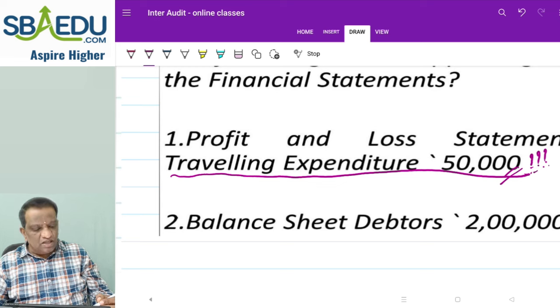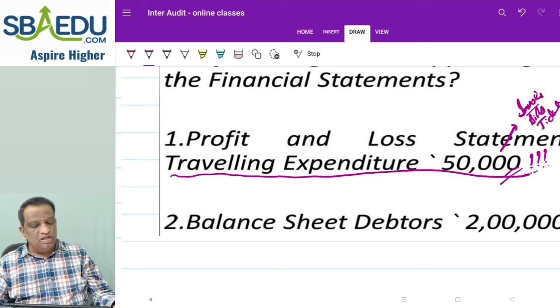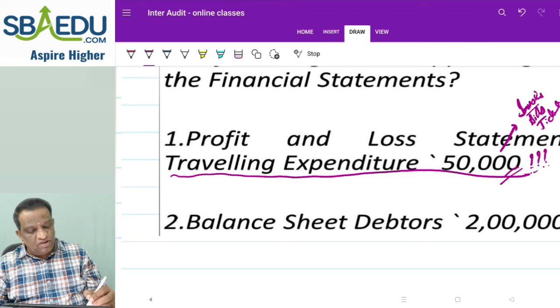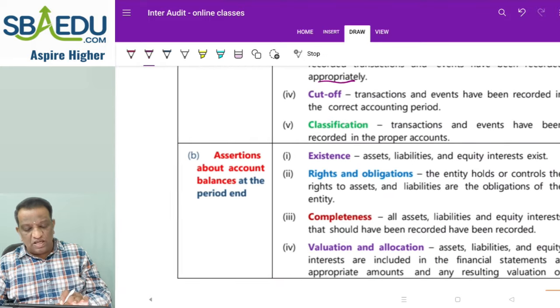As an auditor, I will call for the invoices and other supporting documents like the bills submitted for food and related expenses, and proof of tickets, either airline tickets or train tickets. I will verify all the supporting documents to ensure that the amount is accurate. That is the accuracy angle.